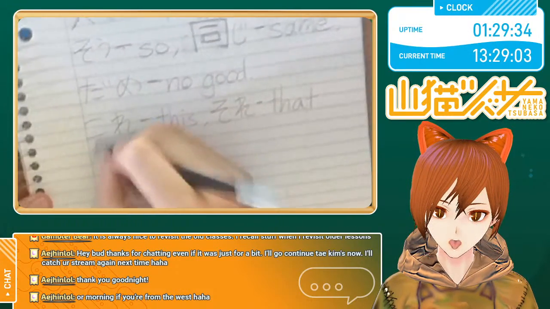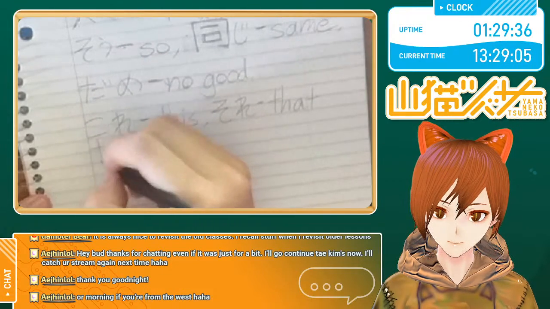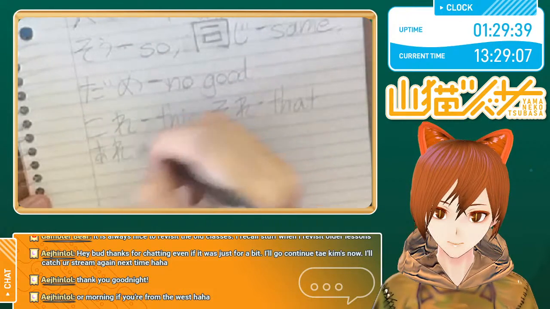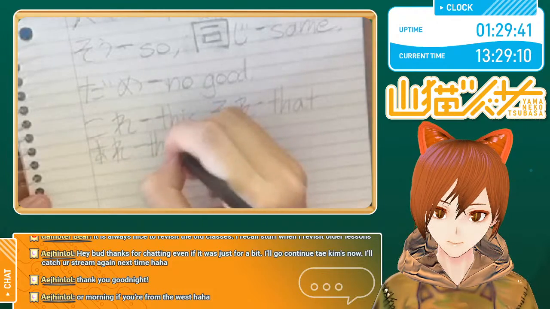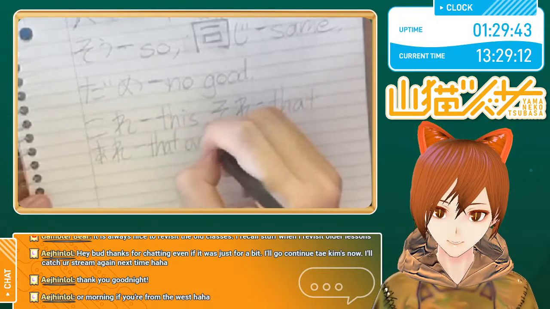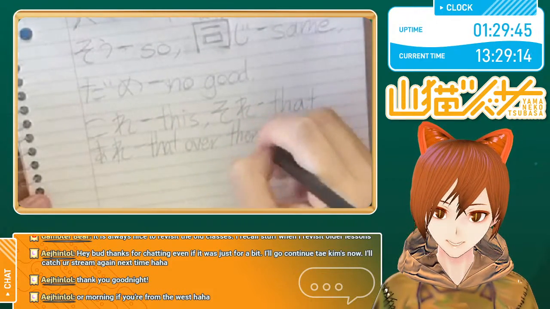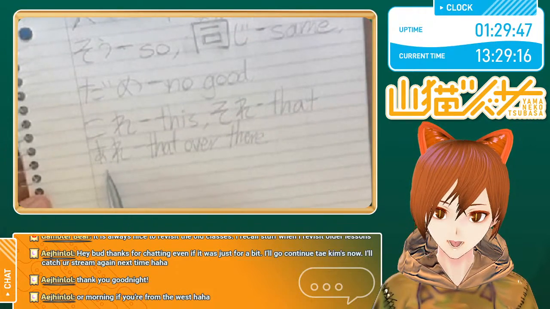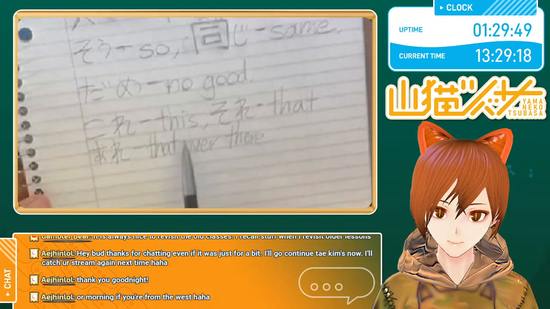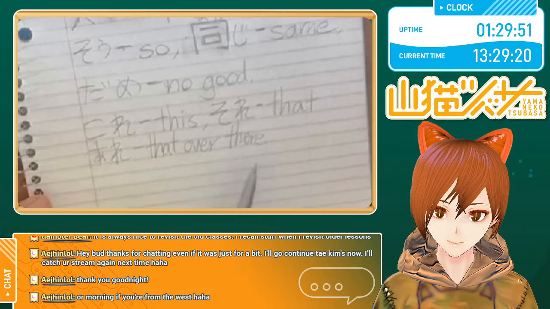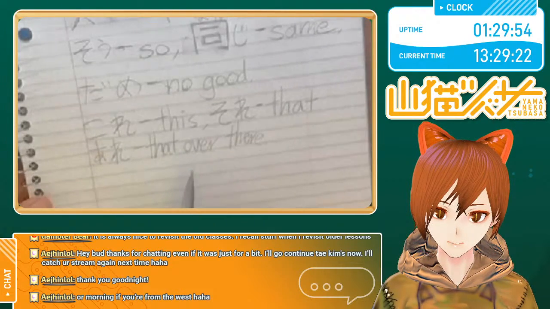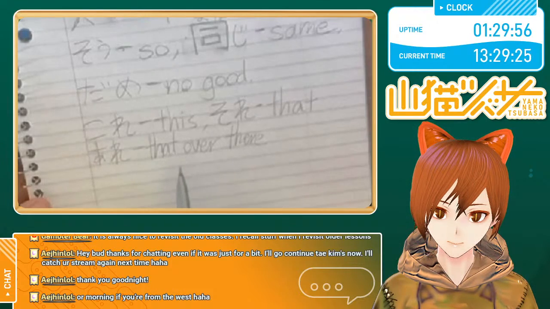Are, that over there. Remember, are is used when you're referring to something that is away from both the speaker and the listener. Are.